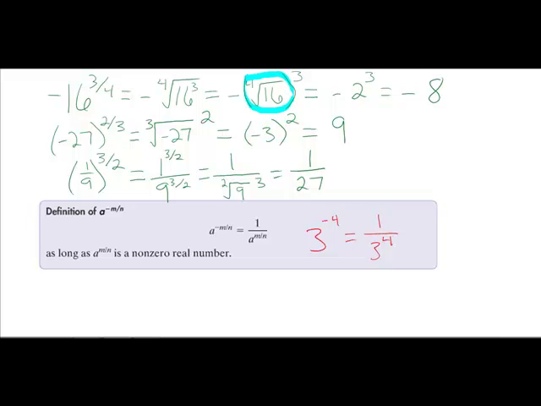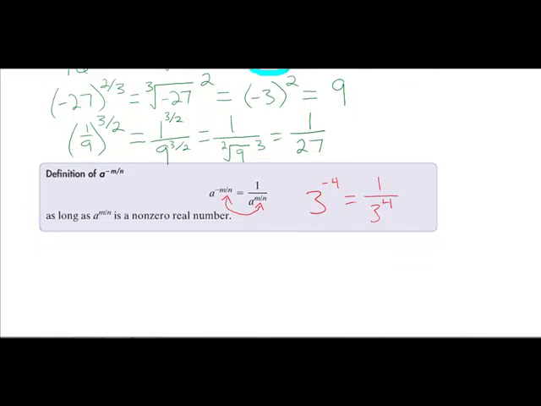Well, that's all we're saying here. The same thing applies when the exponent is a fraction. So if you've got a negative exponent, you can take it and flip it down to the bottom of a fraction, and now it becomes a positive exponent. It turns out you can also just flip the fractional exponent, but we won't go there, that's okay.